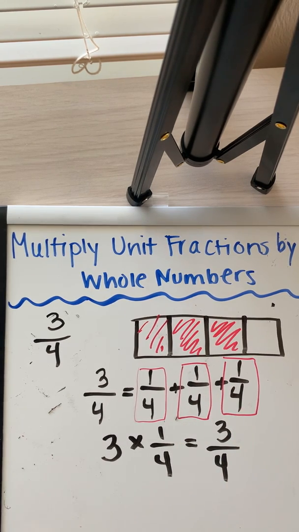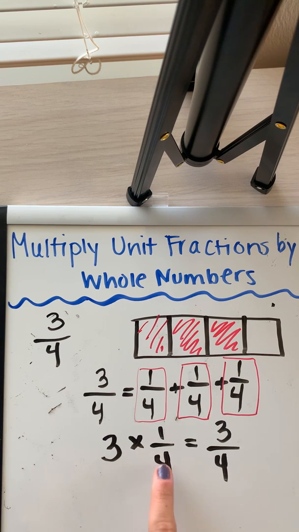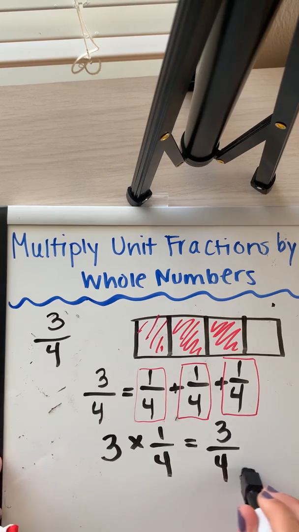Just like how we did it with our whole numbers, I can do the same thing with my fractions. I have 1, 2, 3, so I did 3 times 1/4 equals 3/4. I want you guys to make sure that you have a piece of paper available, and we're going to do another one together.